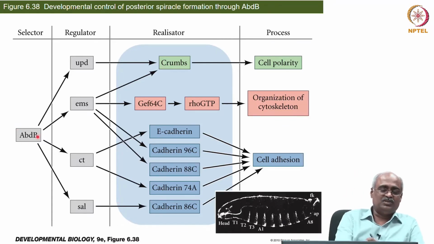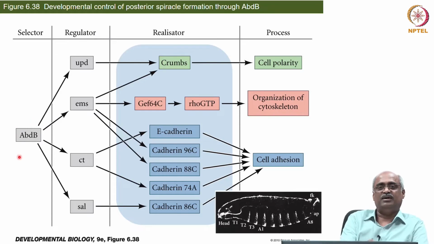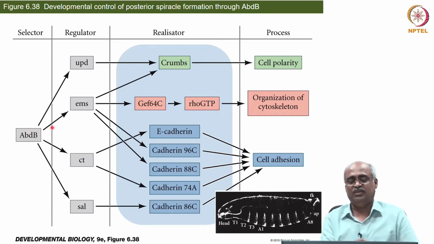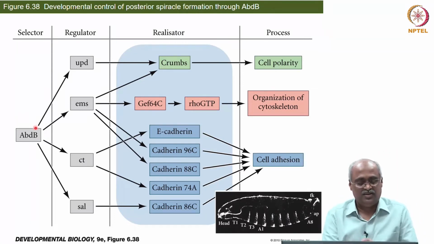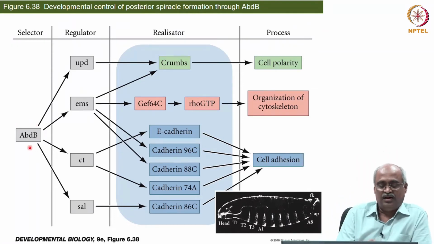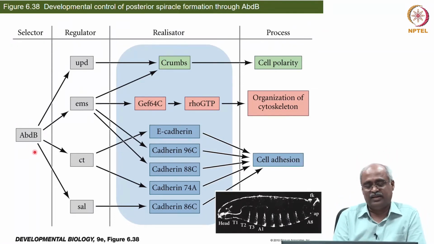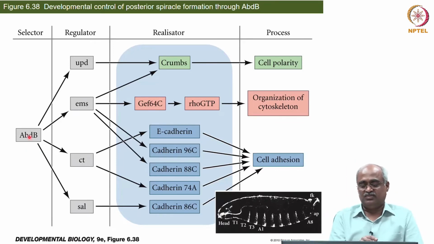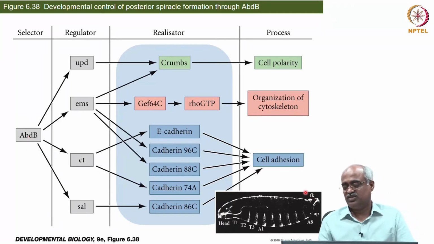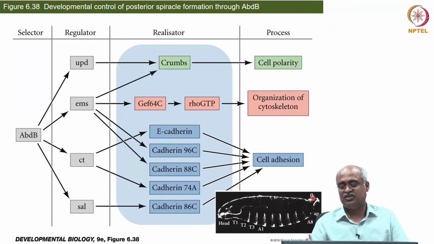So Hox genes are these executive suite genes. They are the master regulators. Therefore we call them homeotic selector genes. For example, in this particular case we are talking about a structure called the Filzkörper, a tube that connects the trachea to the outside through this particular posterior segment.